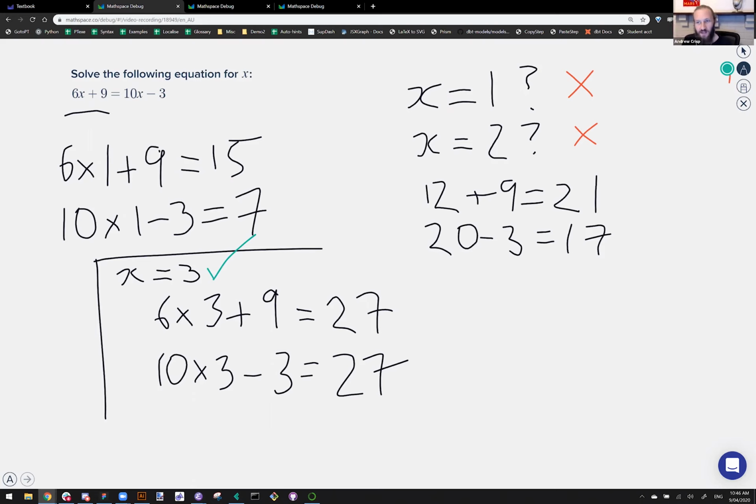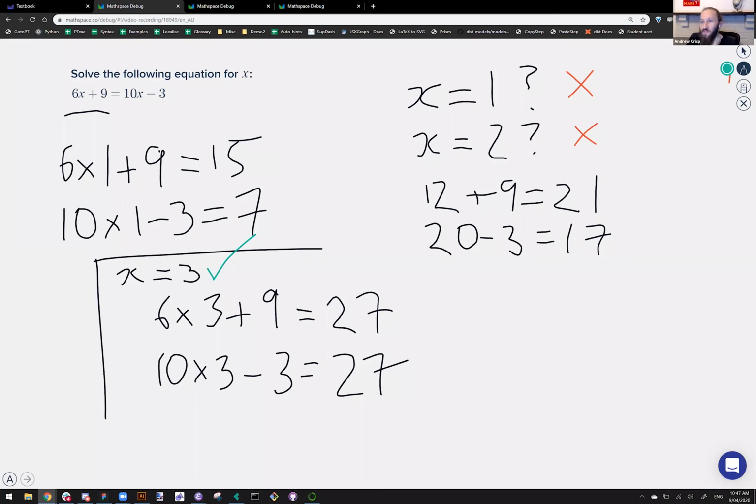So if you're asked to solve something, using the algebraic techniques is often mandatory. We're going to see one final example today where you've got to use the algebra. But sometimes trying some values to see how you can balance those two equations might actually get you there a little faster.